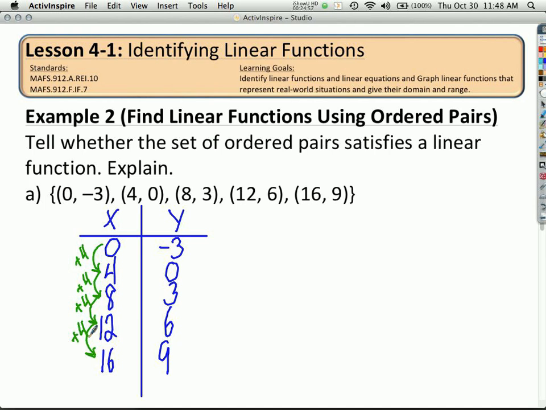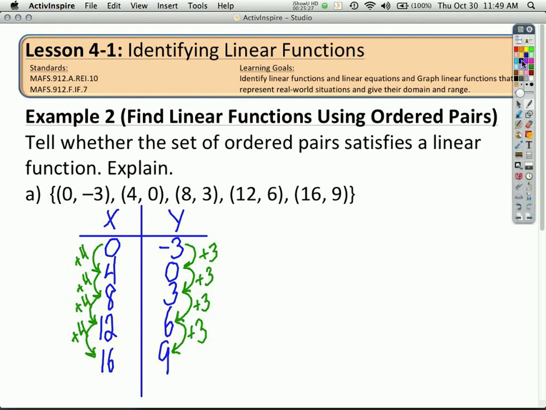So now I need to look to the y's and see if those are moving at a constant rate. Constant change. What's happening here? Marcus? Do you agree with that, Amani? It's adding by 3? Yeah, it's adding 3 each time. And so that evidence tells us that this is going to be linear, even without graphing it.